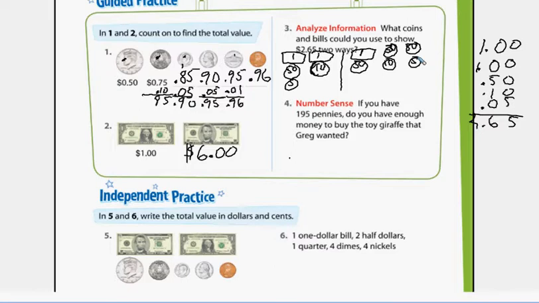So if I add that up again, I do another addition problem right over here. So $1 plus half dollar plus half dollar plus half dollar, 50 cents, plus a dime plus a nickel.